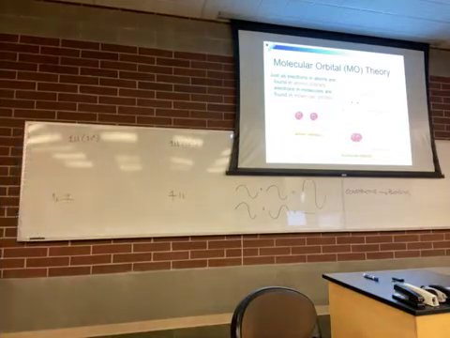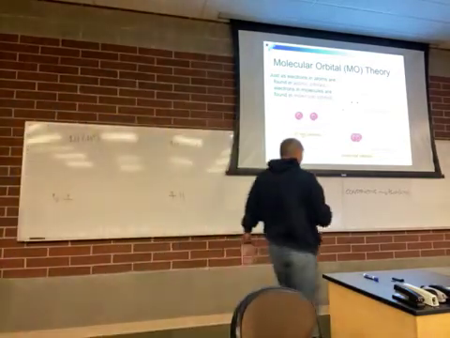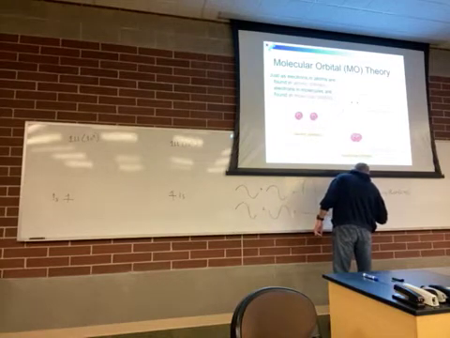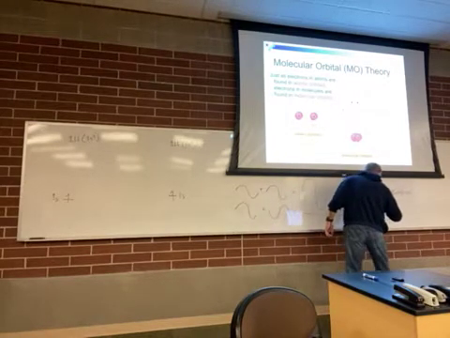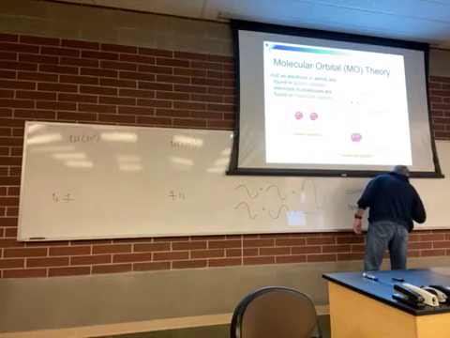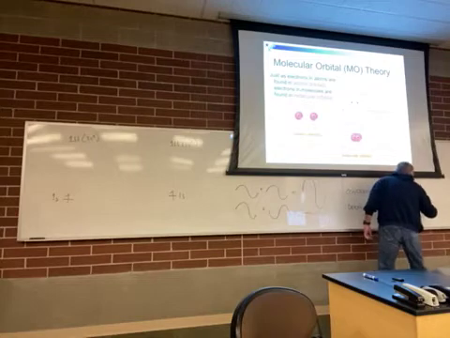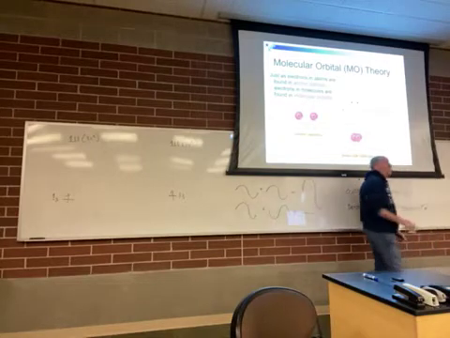So these electrons can come together in what we call constructive interference or destructive interference. Okay? This is destructive. And this is what we call anti-bonding. And we designate it with an asterisk.